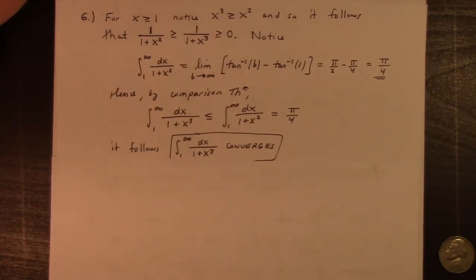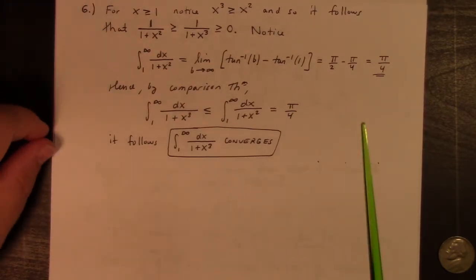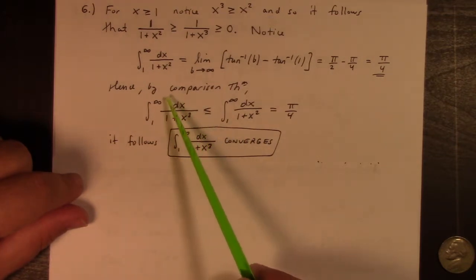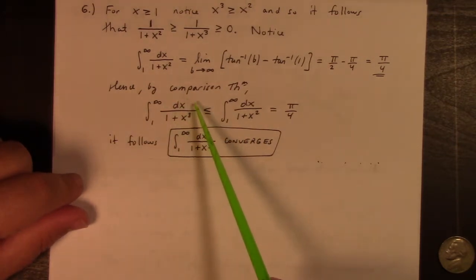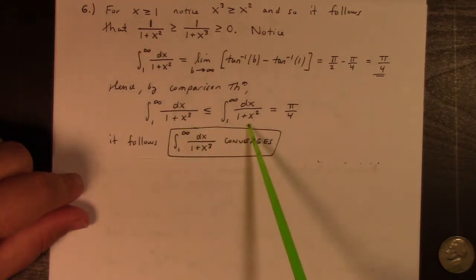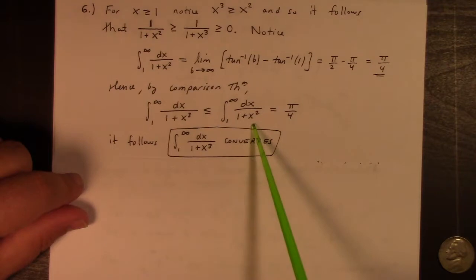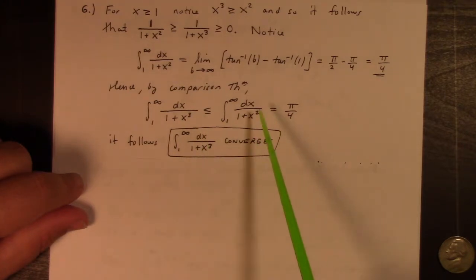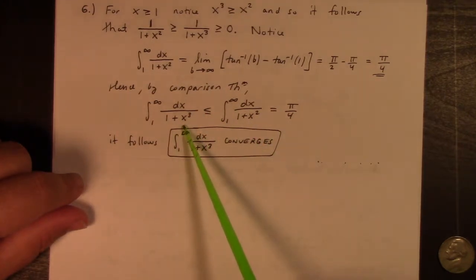So the comparison theorem is useful for us when we're trying to analyze the integral of some function. Maybe we cannot integrate it, or maybe we just don't want to integrate it. Something like this. And yet it's related to something that we can easily integrate, or we happen to know the integral of. In such a case, we might be able to use the comparison theorem to gain information about the convergence or divergence of something without directly calculating it.